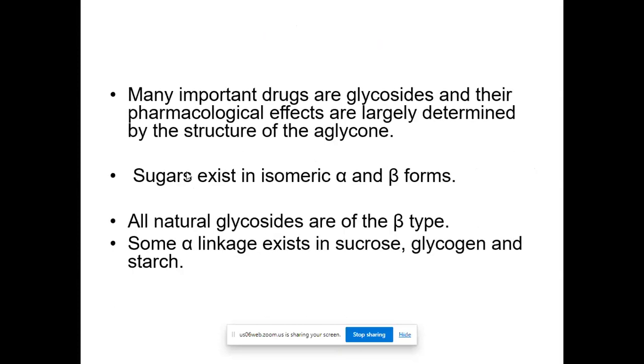So many important drugs are glycosides, and the pharmacological effects are largely determined by the structure of the aglycon. I think Stan had explained this. If you are not there, you can go to YouTube and watch what he explained.